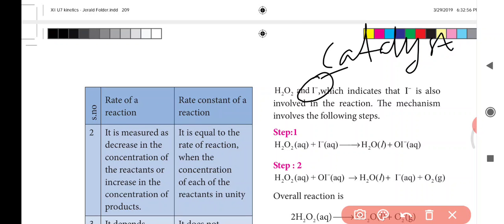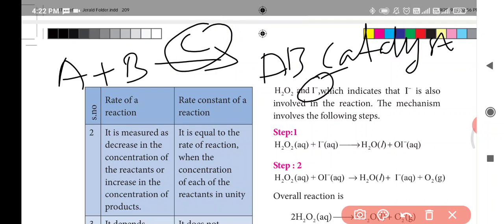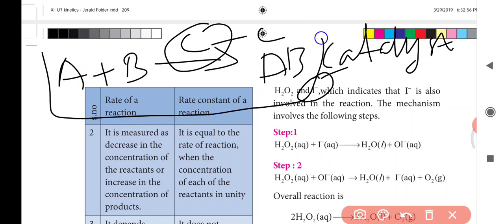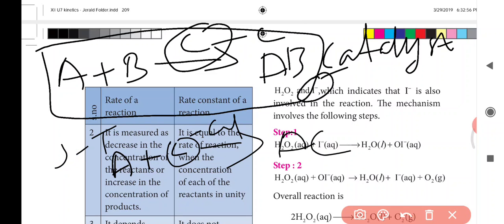This is like the reaction A plus B in the presence of a catalyst giving AB, where the catalyst is C. This is the overall reaction, and the steps for this overall reaction are: step 1, A plus C gives AC, where C is the catalyst.